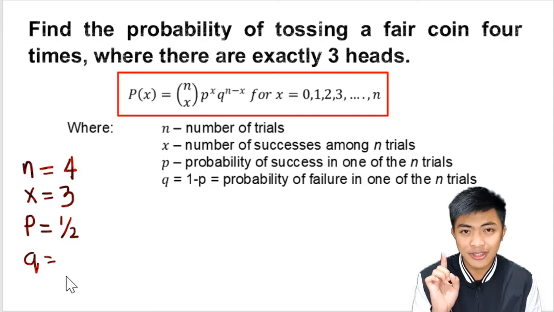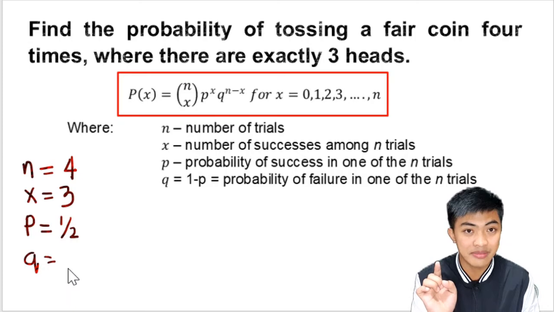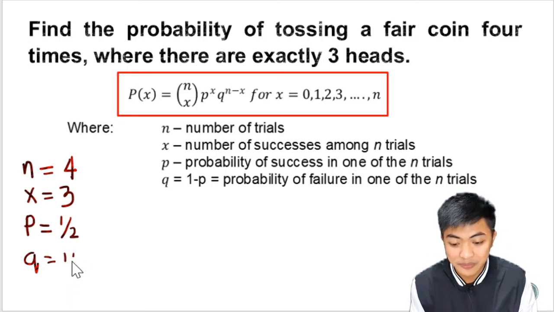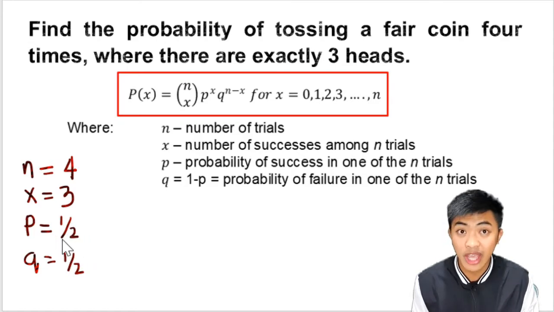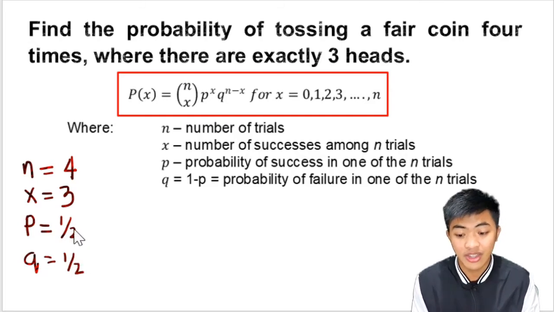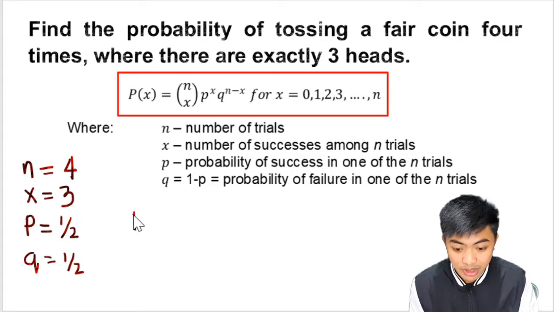So in each trial, ano ba yung probability na hindi tayo makakakuha ng head? Okay, so since that is a coin, 1/2 din yan. Okay, so 1/2 yun yung probability na makakakuha tayo ng head. 1/2 naman yung probability na hindi tayo makakakuha ng head. So na-determine na natin yung mga given, na-determine na natin yung mga kailangan natin sa formula na we are now ready to substitute. So the probability of getting 3 heads.